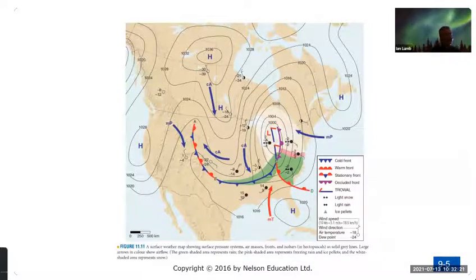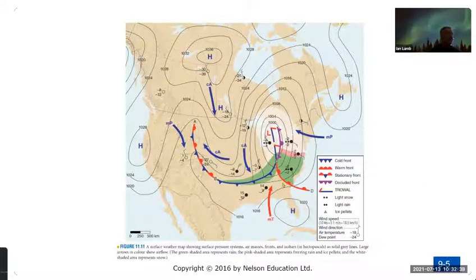They have circulation, they have flows that are going on, they don't move around. Cyclones move around. In general, cyclones move from the west towards the east across North America. And as they move, they evolve.